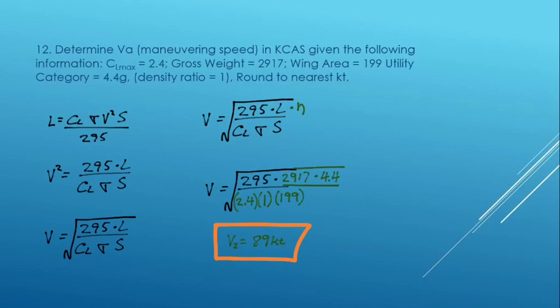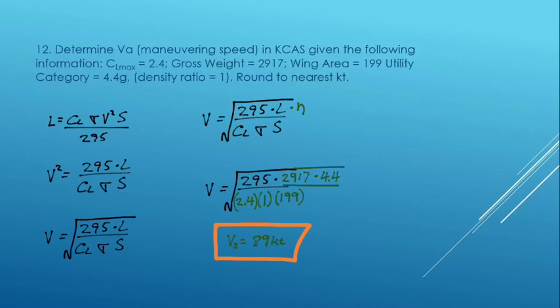Problem 12 is identical to problem 11, except for the category of airplane, which is a 4.4 G airplane, or certificated in the utility category.